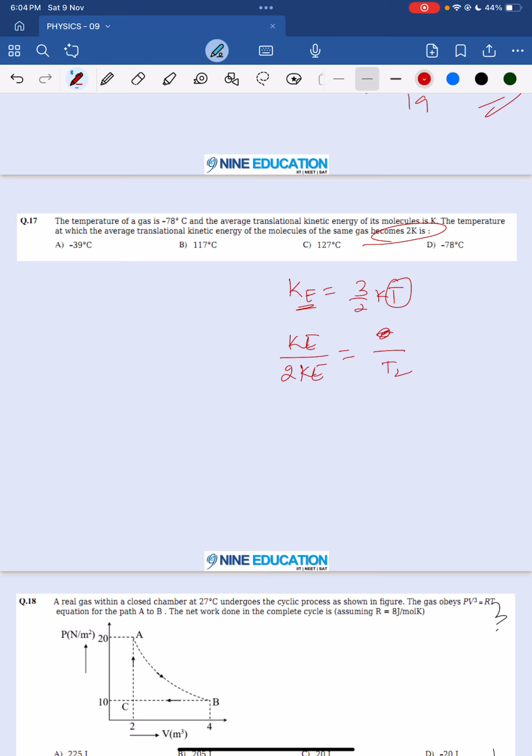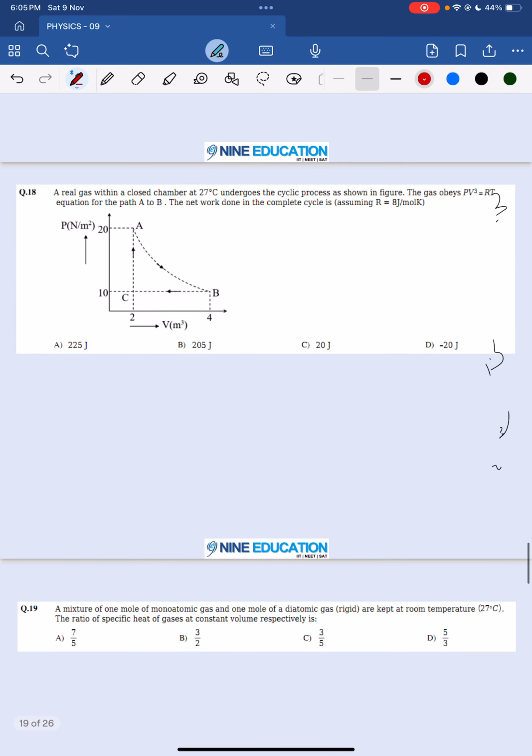T1 we are having 273 minus, I mean like plus we are going to do, so it will be basically 195. So this is going to cancel. We are going to get 195 into 2, which is going to become approximately 390, right? So 390 Kelvin, if we do 390 Kelvin minus 273, we are going to get 117, correct? 117 will be our correct answer.